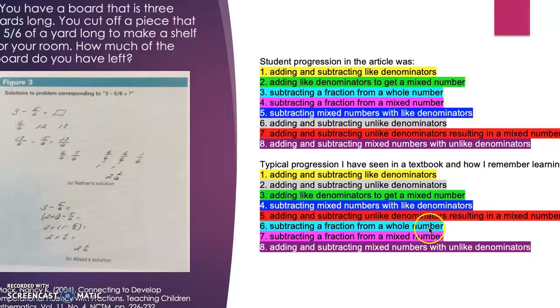That didn't come down till clear step number 6 in a typical textbook progression. And then here, subtracting a fraction from a mixed number, that's the fourth step in the student thinking, and it's the seventh step in a textbook. It's like we aren't following how students learn.